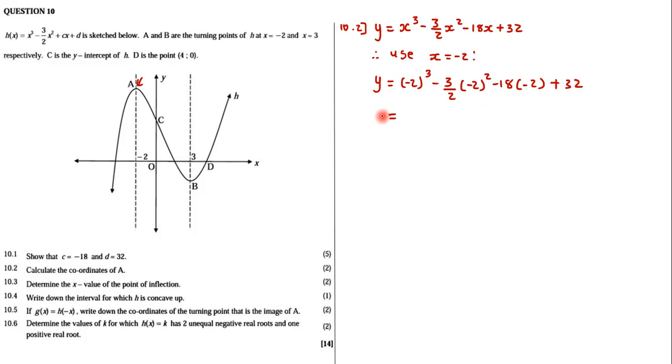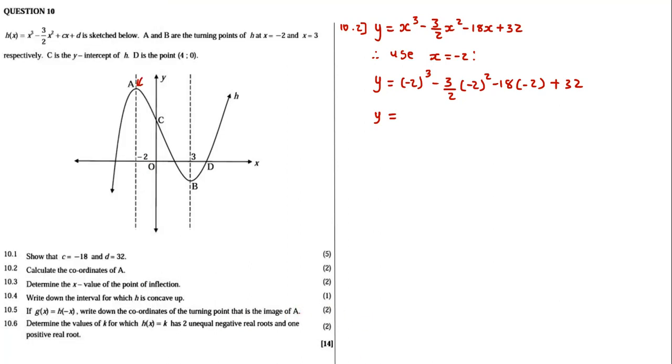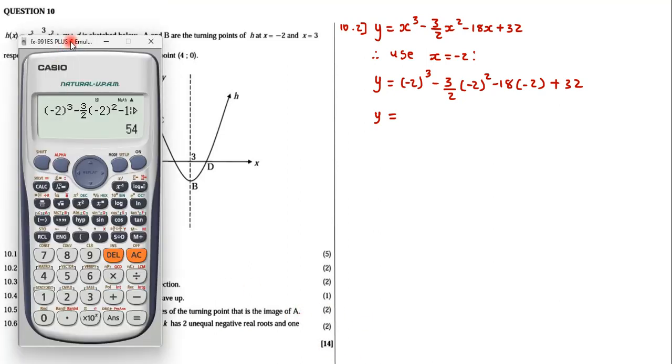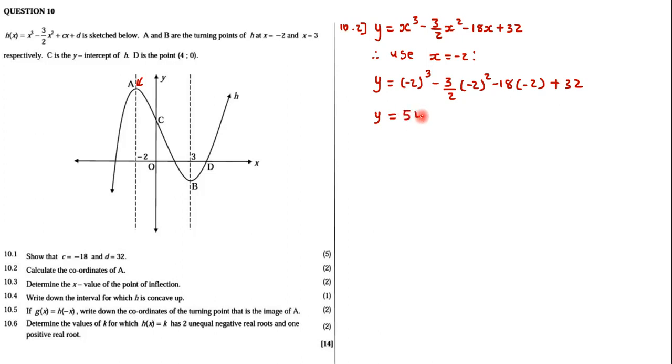We want to find the y value of the turning point, so we substitute and press this into our calculator. I just paused the video and pressed the calculator. As you can see, we get the y value of 54. Therefore the coordinate of A is minus 2, 54.